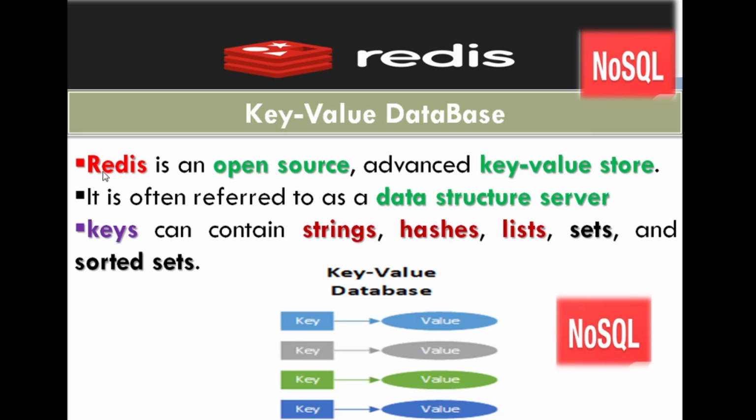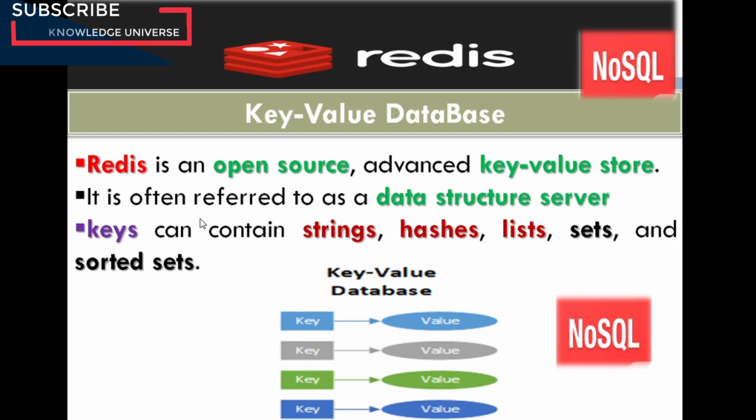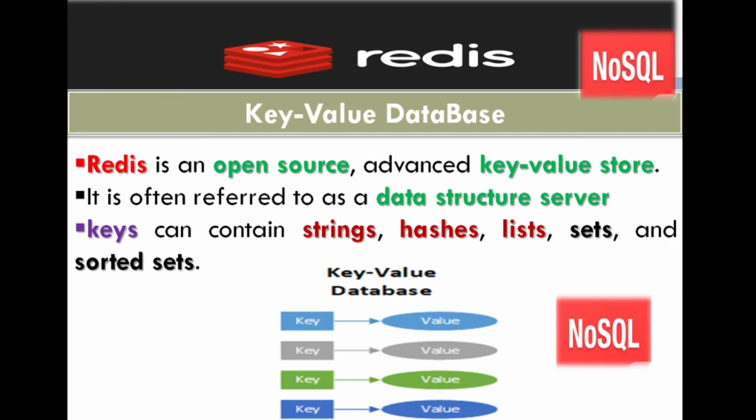Redis is one of the key value databases. It is an open source advanced key value store. It's often referred to as a data structure server. With Redis, keys can contain strings, hashes, lists, sets, and sorted sets.